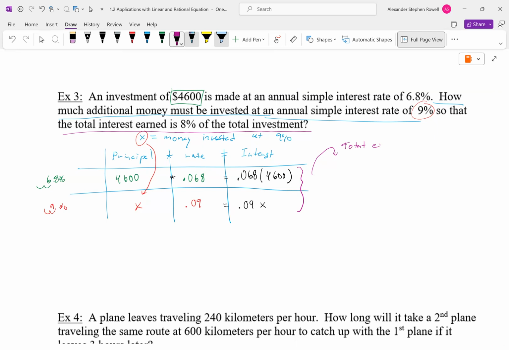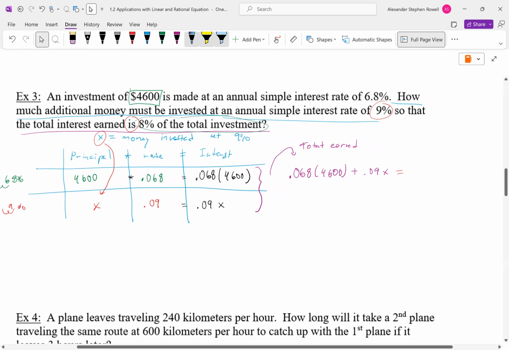Total earned is 0.068 times 4,600 plus 0.09x. Okay, so that's the total money earned. Now I have this word is, which means what? Equals, very good. And 8% of the total investment.